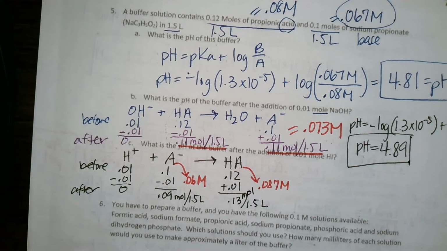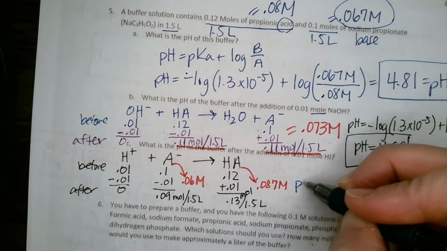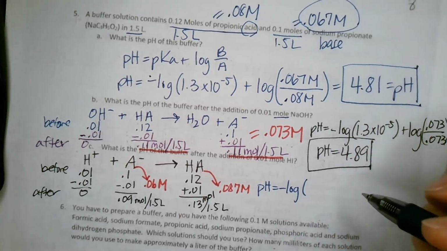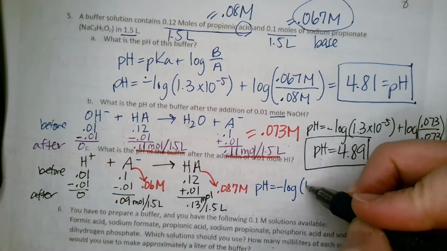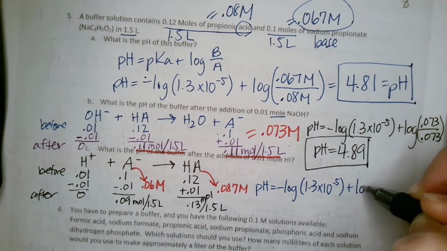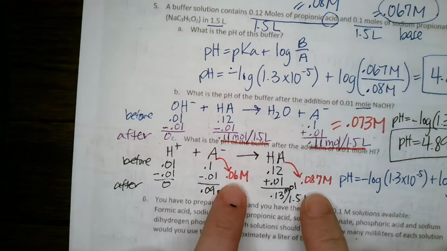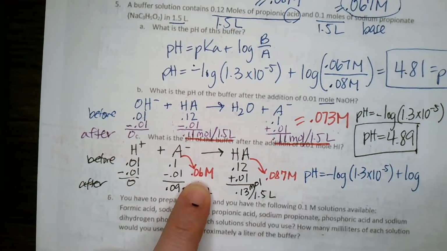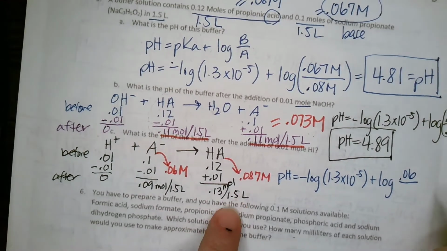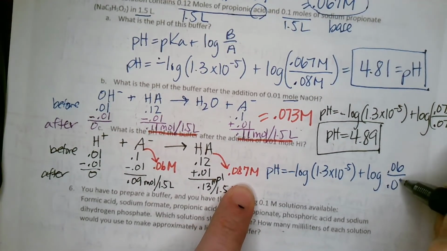All right, now let's plug it into our pH is equal to the negative log of our Ka, which is the 1.3 times 10 to the negative 5, plus the log of my base, we said was 0.06, over my acid, which we said was 0.087.